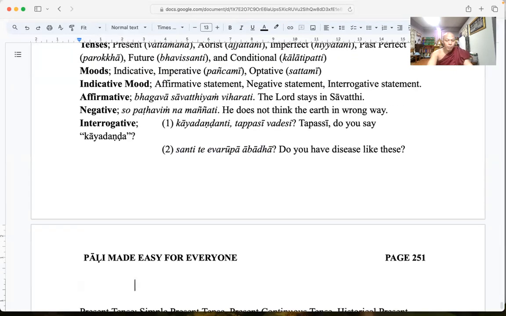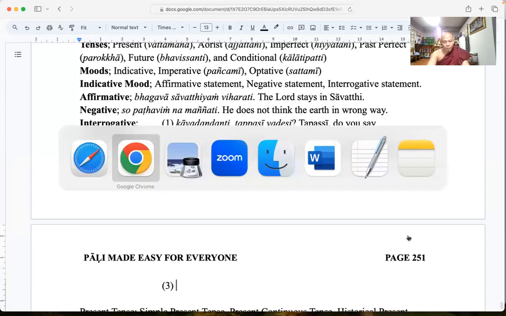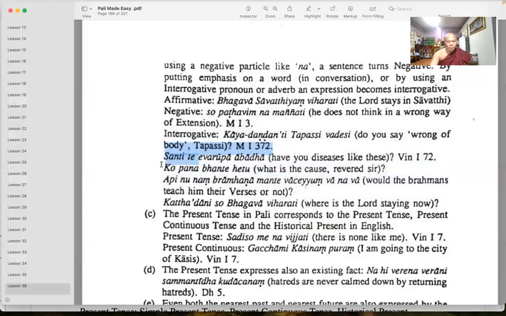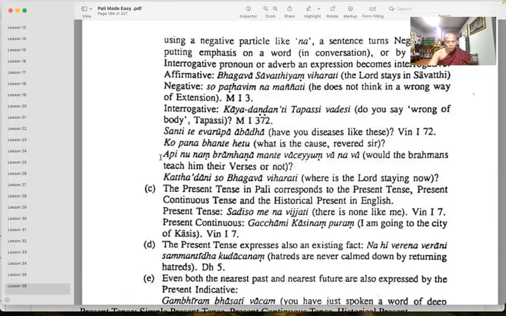And then another question form is using other particles like "abi" or "nu" or something like that. So actually this example should be passed. "Abinu nam brahmana mande wajeyo wa nawa."